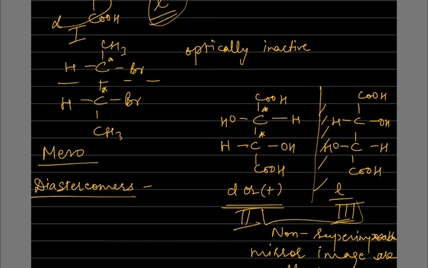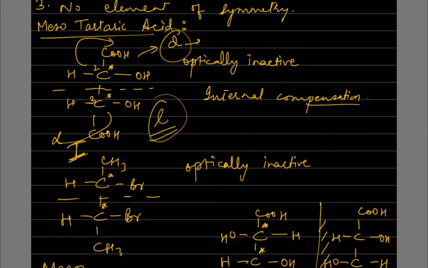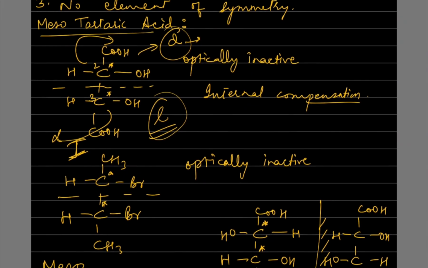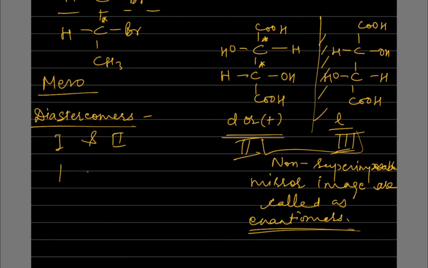Here we should see that compound 1, that is mesotartaric acid, is optically inactive, while 2 and 3 are optically active. So if we talk about 1 and 2 or 1 and 3, they are not the optical isomers of each other. They are the same compound, same structure, but they do not have any mirror image relation with each other.